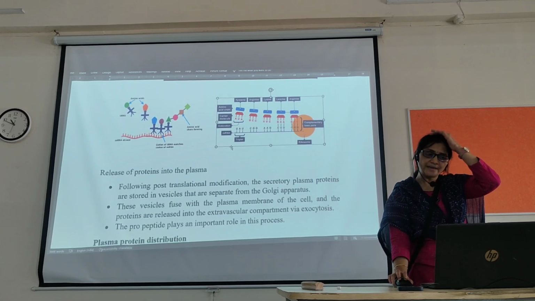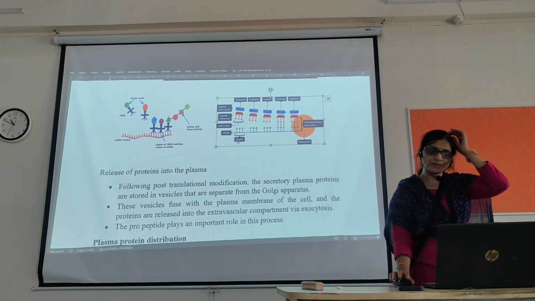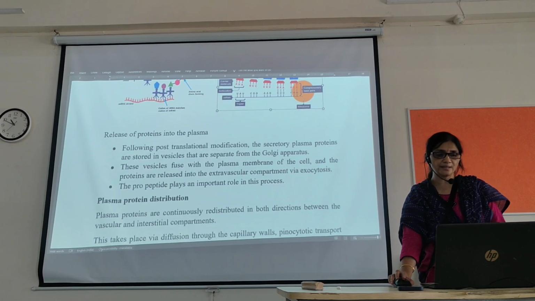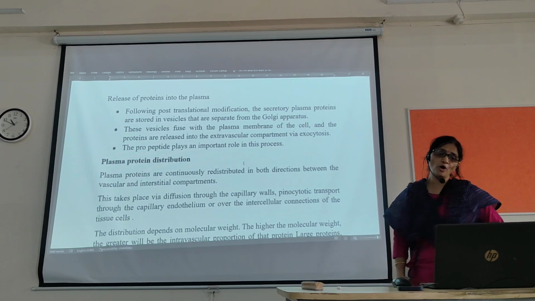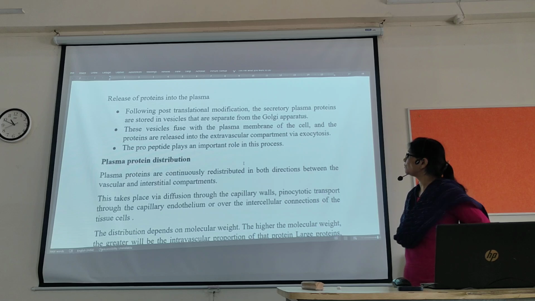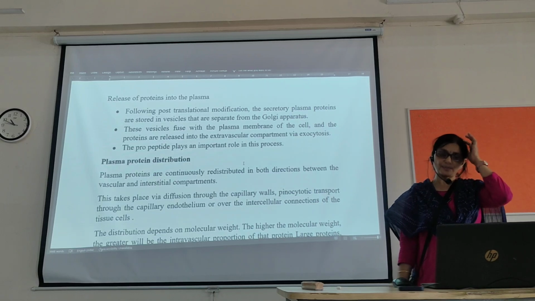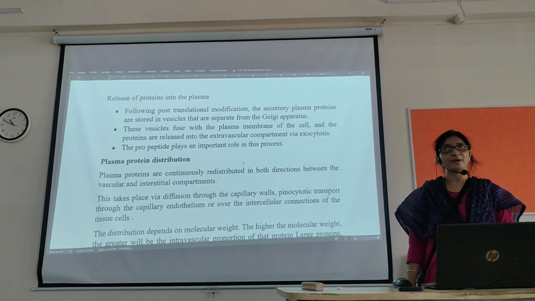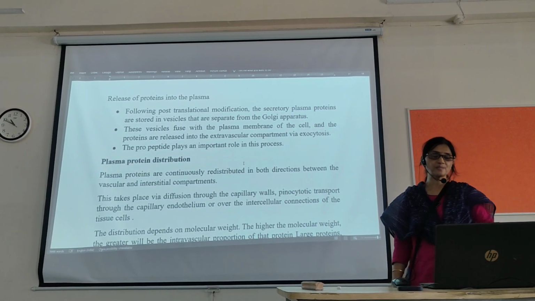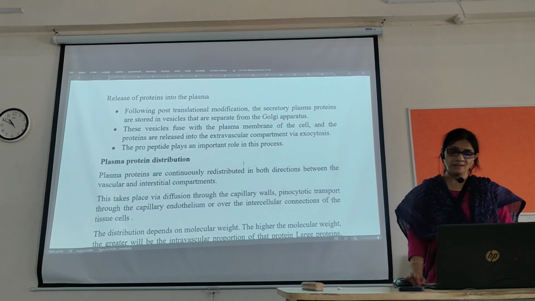So after that, release of proteins into the plasma. Following post translational modifications, the secretory plasma proteins are stored in vesicles that are separate from the Golgi apparatus. Okay, from the Golgi apparatus it is released in the blood.